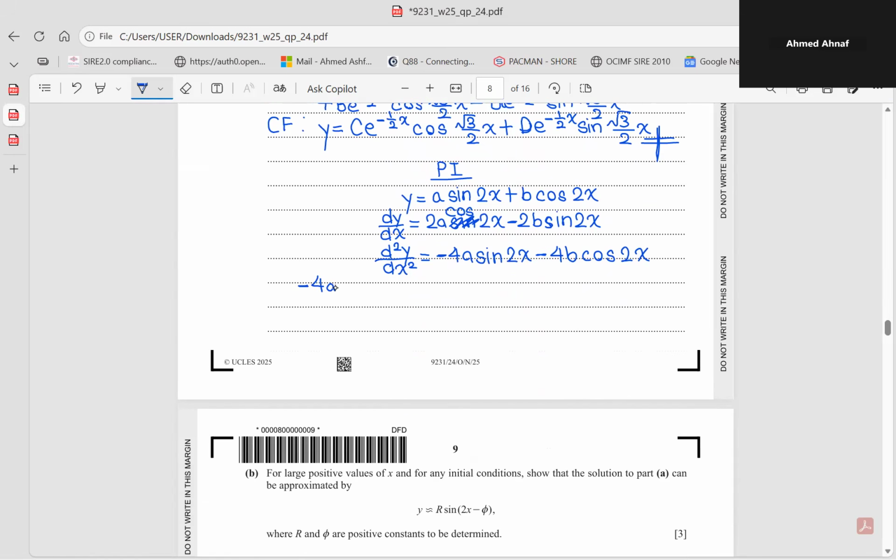So minus 4a sine 2x minus 2b sine 2x plus a sine 2x plus b cos 2x plus 2a cos 2x minus 4b cosine 2x equals sine 2x plus cosine 2x. So, how do I even?